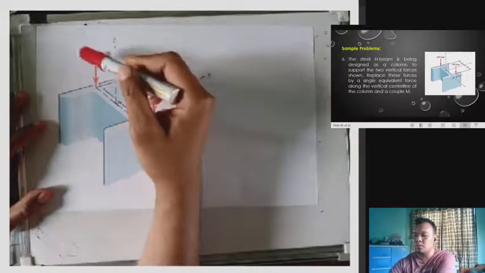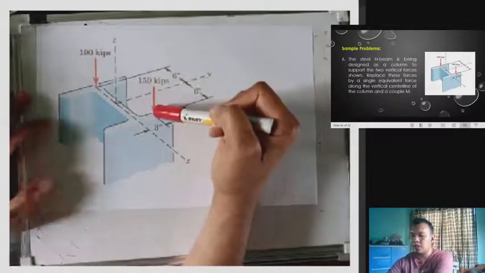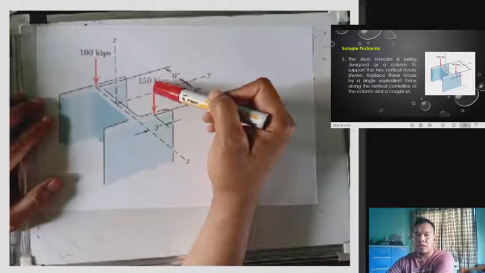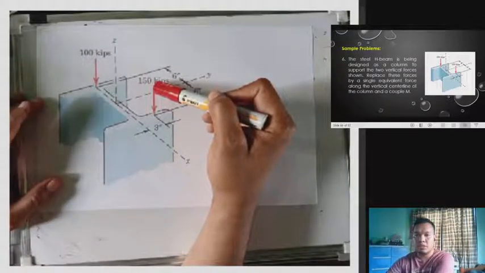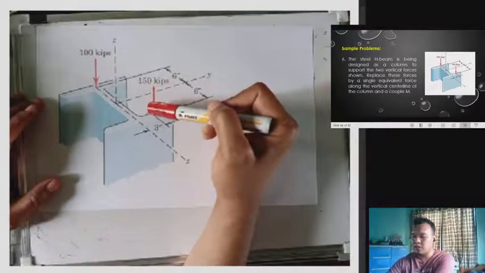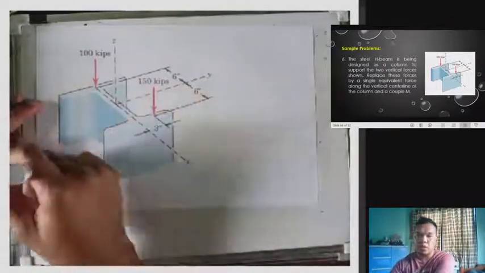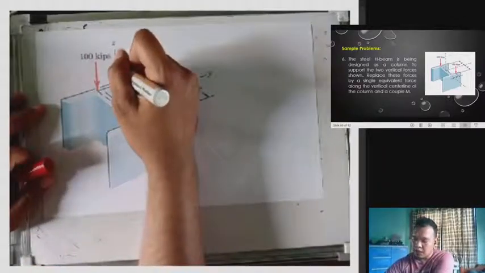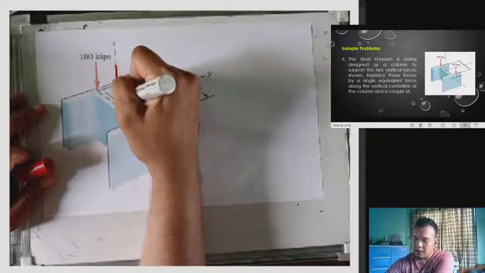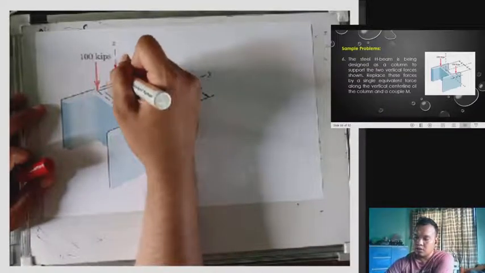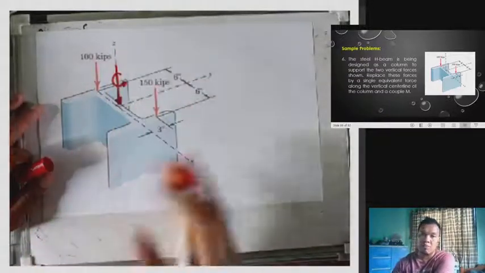The applied loads are located here and here, which are 100 kips and 150 kips. The problem says to transfer these two loads into a single load acting at this center line, plus the moment.